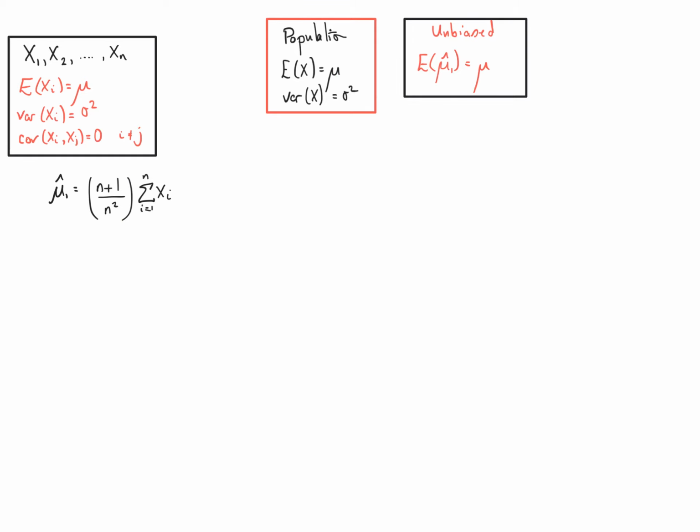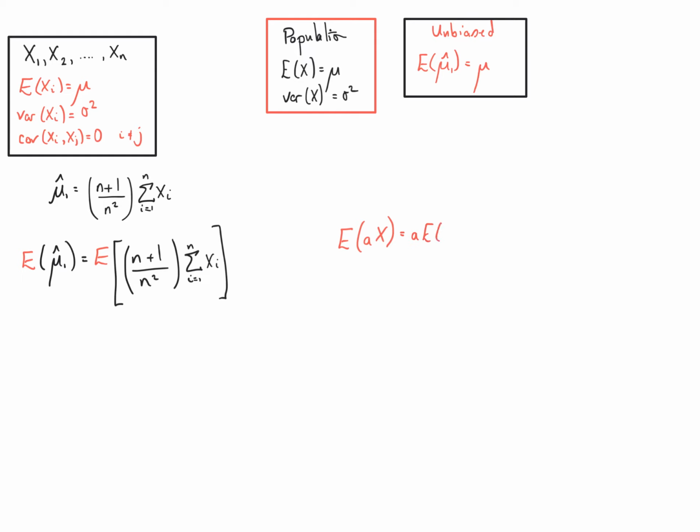So let's start by taking the expectation of our estimator. The expectation of mu1 hat is going to be equal to the expectation of n plus 1 over n squared times the sum of the xi's. Now, there are various rules that we can use with expectations. Remember, the expectation of any constant multiplied by a random variable, so for instance, if a is a constant and x is a random variable, is equal to that constant a times the expectation of x.